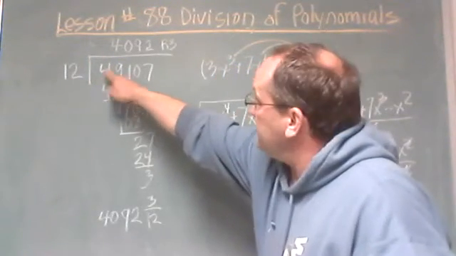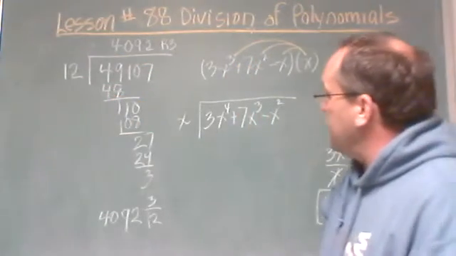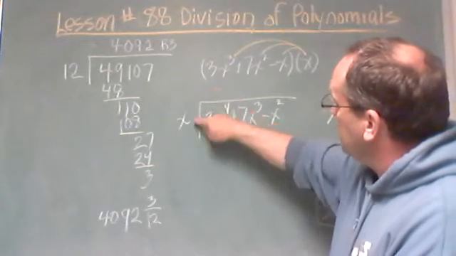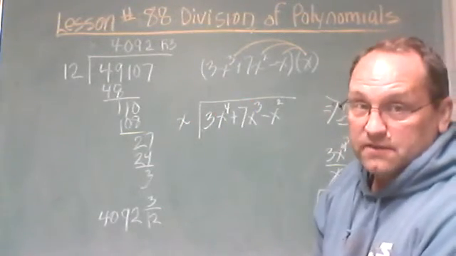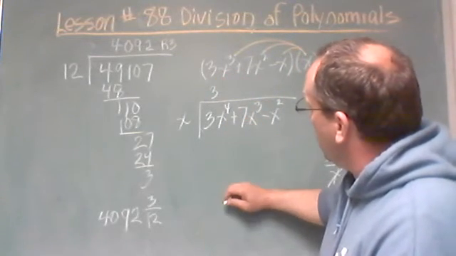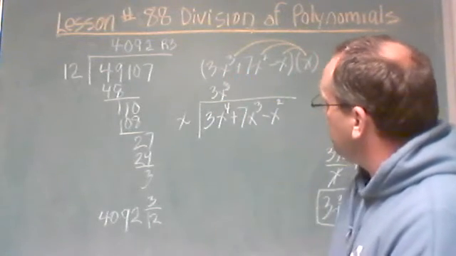I can't do it, so I skip to the next one. 12 times 4 will give me 48. Here, x times what goes up here will give me 3x to the 4th? Well, I need a 3, and I need 3 more x's: 3x to the 3rd.